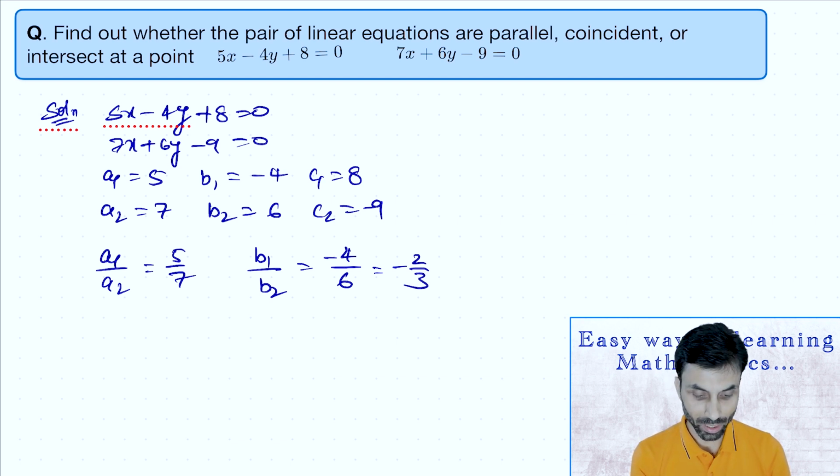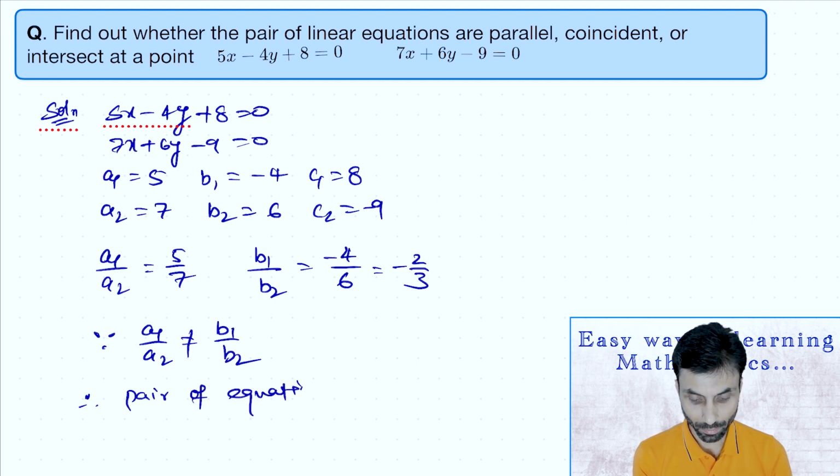And in this case we see that since a1 upon a2 is not equal to b1 upon b2, therefore the pair of equations are intersecting.